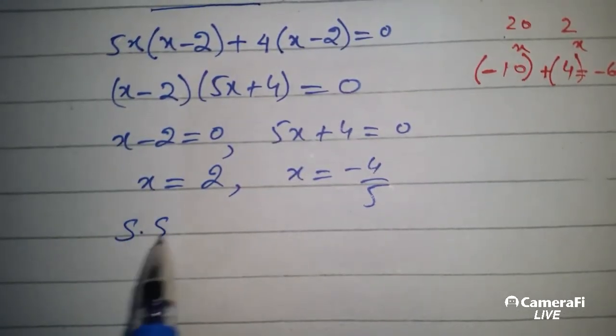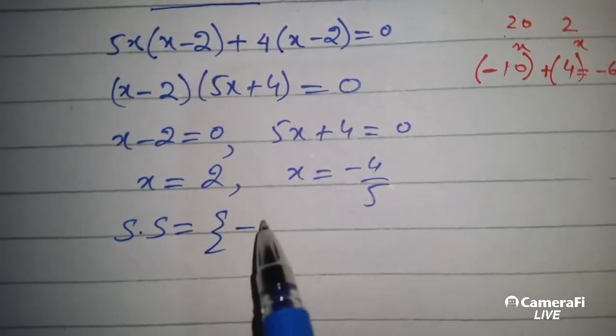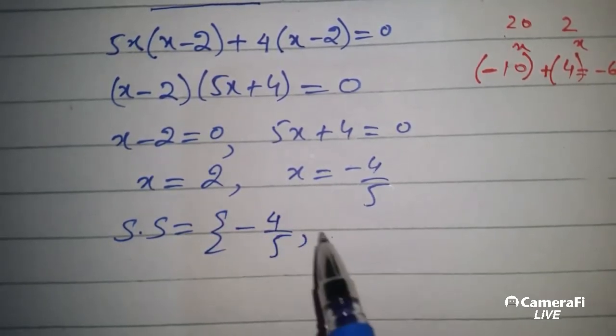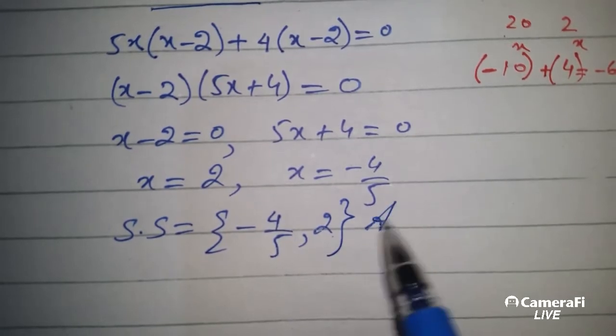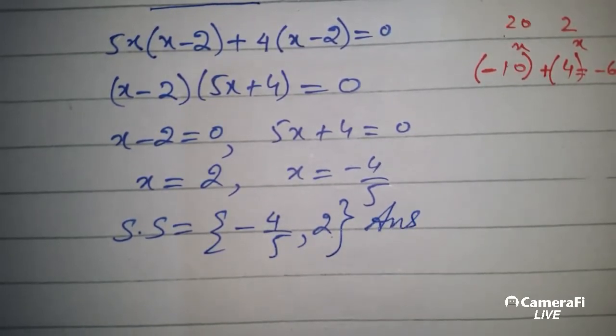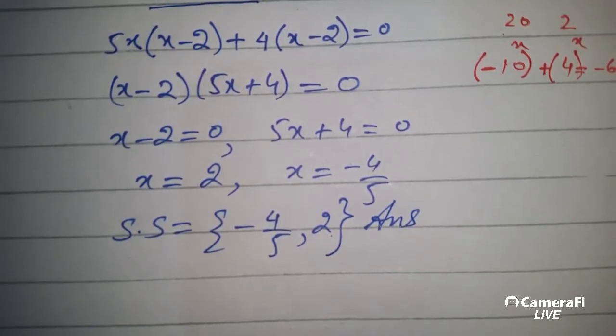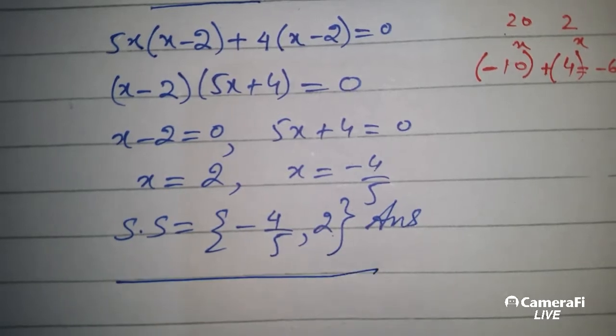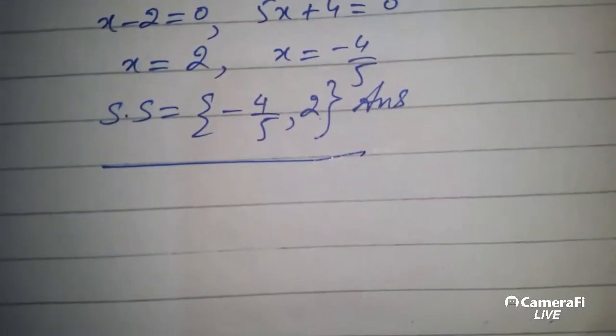So the solution set is -4 by 5 and 2. Let's move to the next question.